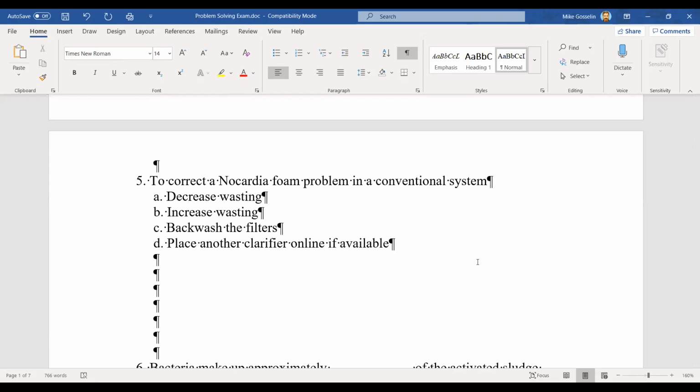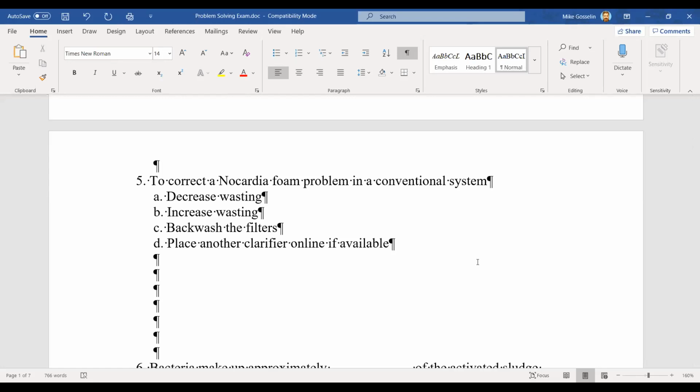It should be in your material to read, but there's also some experience component to this as well. But Nocardia foam, basically, when you have foam all over your system, the only way to get rid of that is you have to waste it off. So the correct answer is B here.